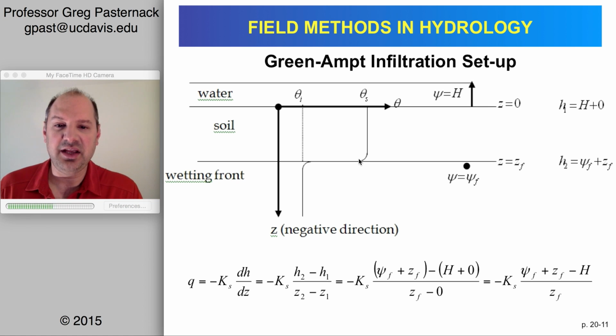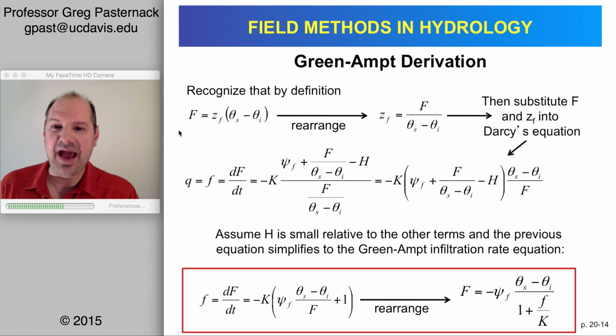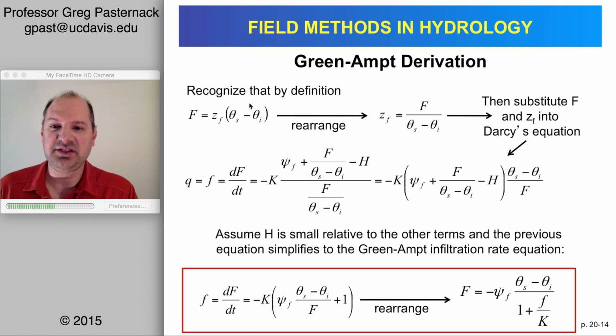Multiply that by the thickness here, and that's the total amount of water that's been infiltrated. That's shown mathematically here, a few slides down. F is cumulative infiltration, Z is that thickness, and then this is the change in moisture content. We can now rearrange that to isolate ZF. So ZF equals F over this change in moisture.